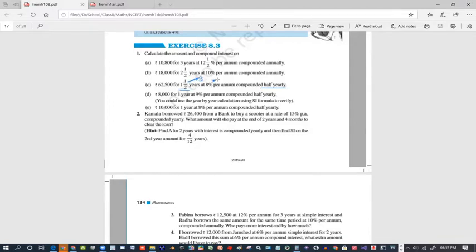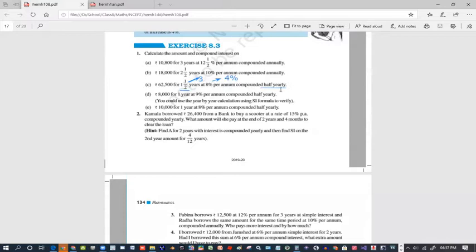And R will change to 4%. So rate of interest is 8% per annum. Compounded half yearly means every half year it will be compounded, meaning the principal will be renewed. So 4% will be the R for compounded half yearly.